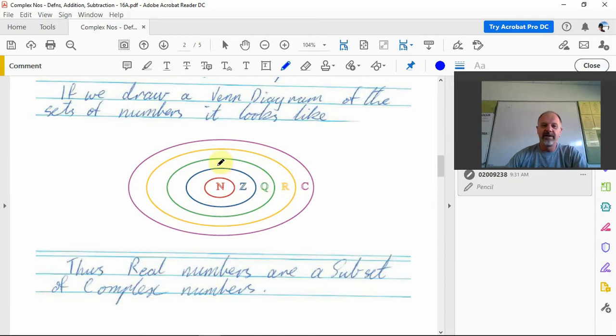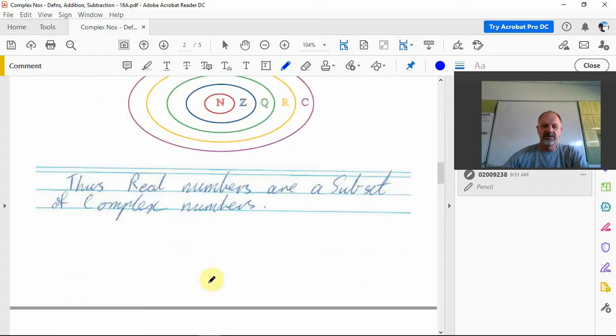Within that we have integers, positive or negative, and then within that we have our natural numbers. So the numbers that we already know still exist. This just adds an extra ring, if you like. So the real numbers are a subset of the complex numbers.